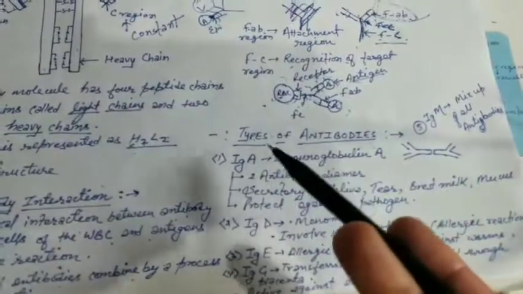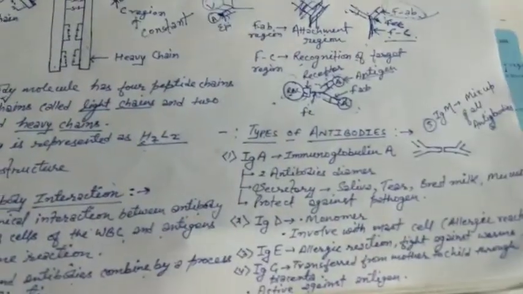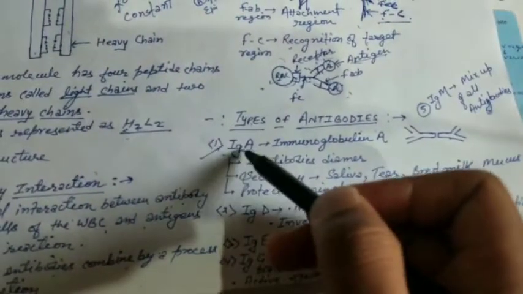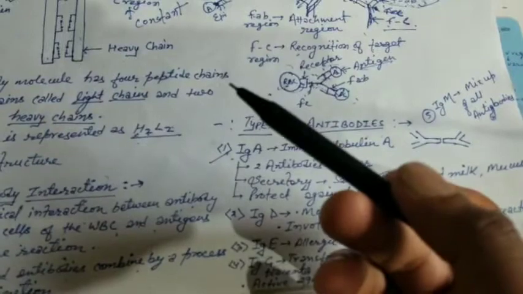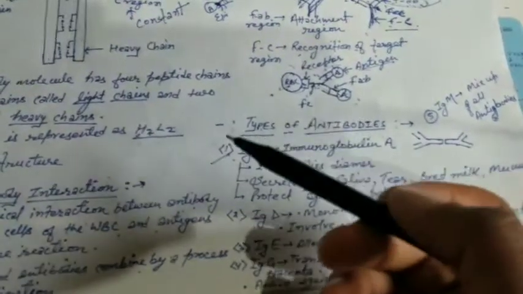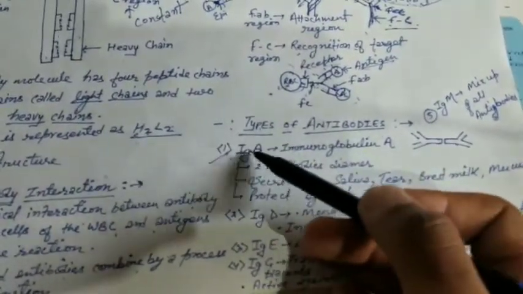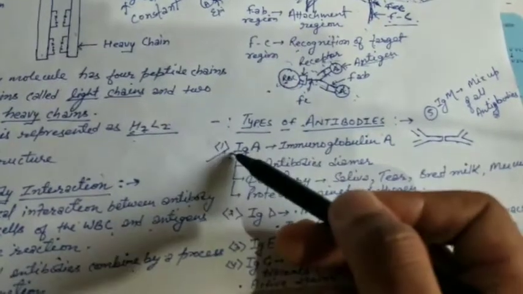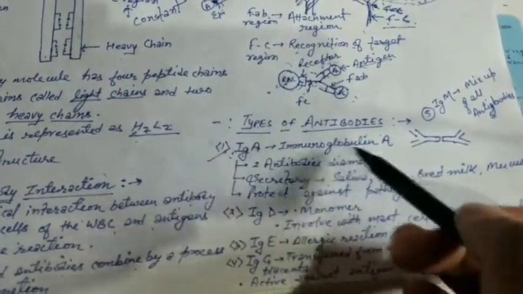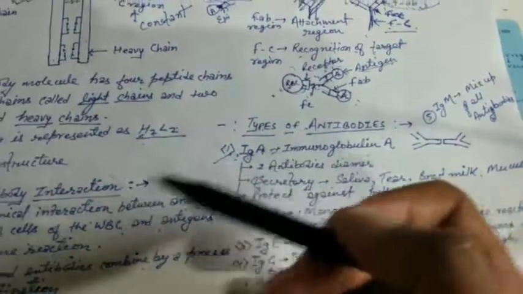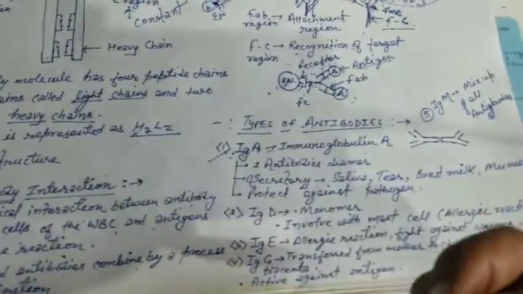There are usually 4 to 5 types of antibodies produced in our body, in which the first antibody is IgA. An antibody is always a protein, a specific protein. This protein's name is immunoglobulin. So the full form of IgA is immunoglobulin A, and immunoglobulin protein is there in each antibody.